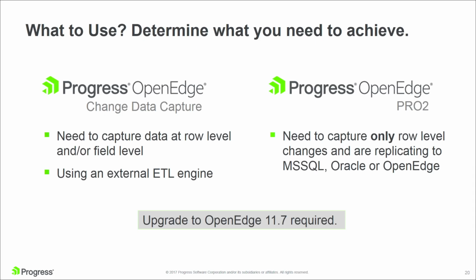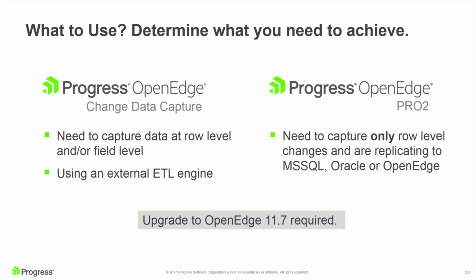One question that people always ask, before I go into what the next steps are, is, can you help me understand the differences between OpenEdge Change Data Capture and the OpenEdge Pro2 product? And it's really relatively straightforward. Both of them require you to be on OpenEdge 11.7 to be able to make use of Change Data Capture. OpenEdge Change Data Capture is designed and built for the need to capture data at row level and/or field level.